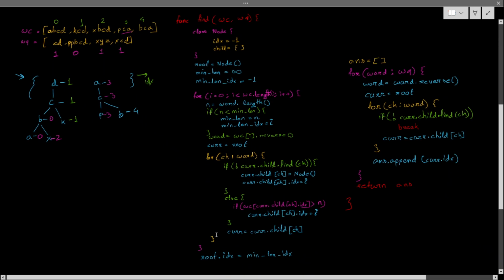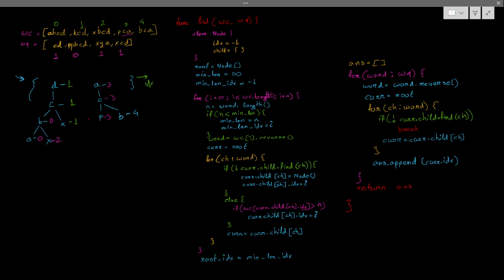So in this case, the time complexity is the total number of characters present. Actually, the maximum of the total number of characters present in WC and WQ.